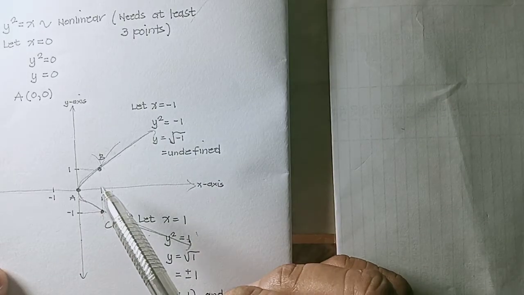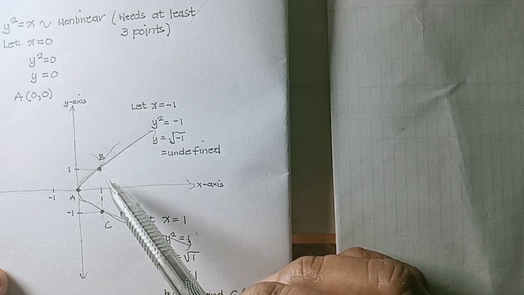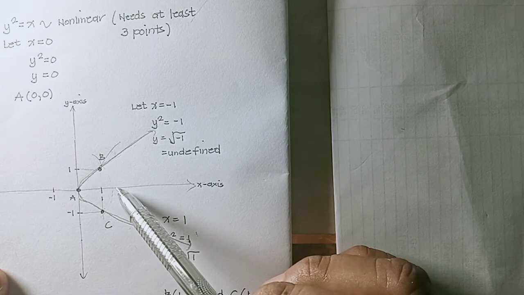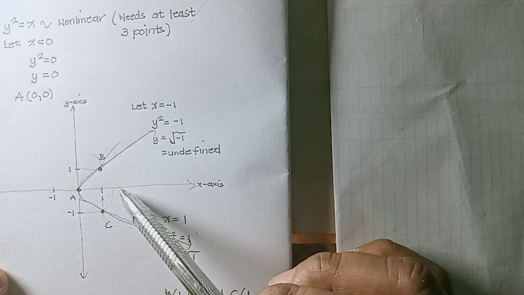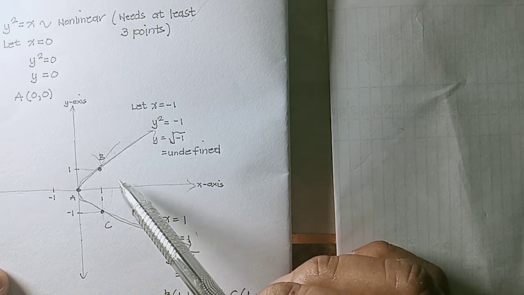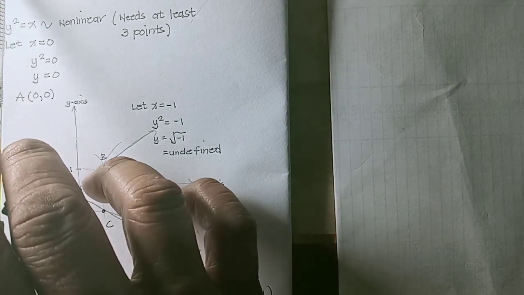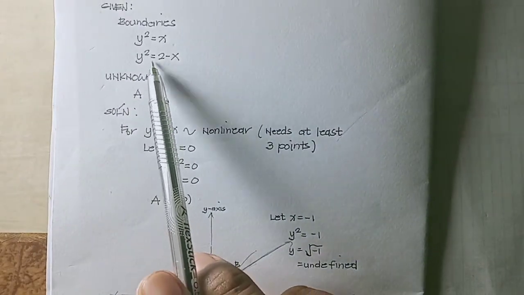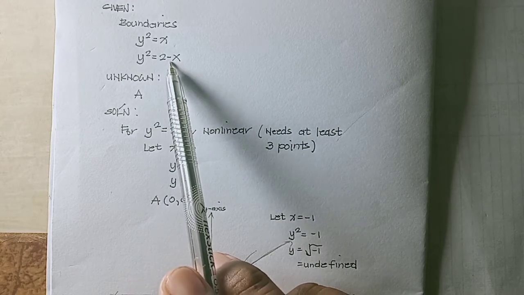Isang magandang paraan po to determine kung anong itsura roughly nung ating second boundary since definitely dadaan siya sa x-axis, no? Wherein ang y natin dito is 0. So why not mag-substitute po tayo ng 0 dito sa second boundary. Pag ito po nag-0, anong value ng x natin no?